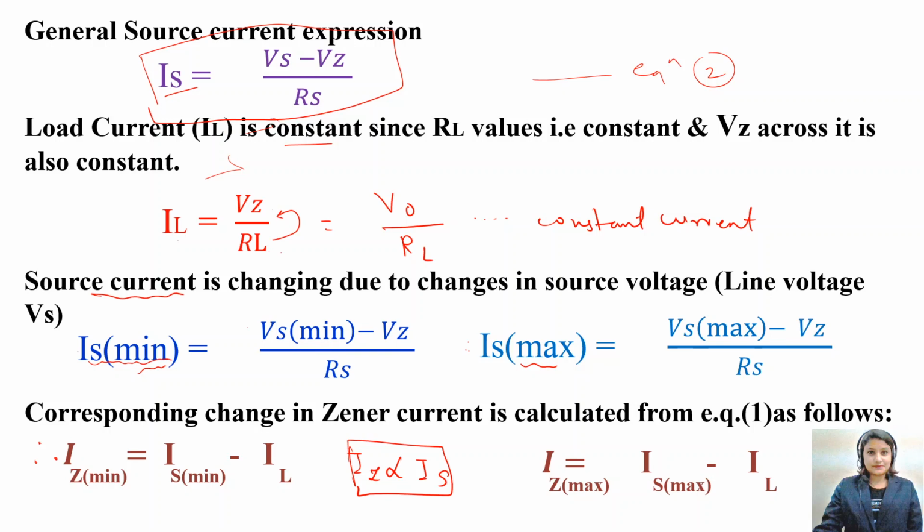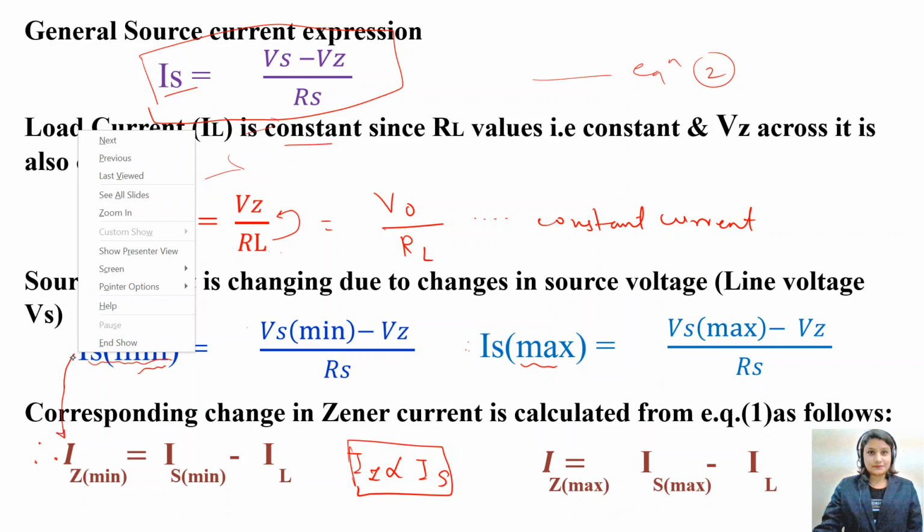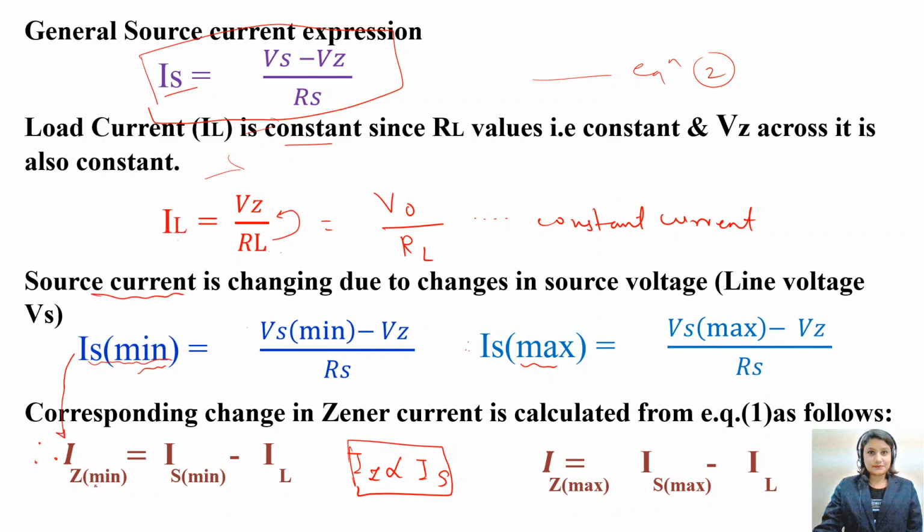So if Is is minimum, the Zener current will also be minimum, Iz min, equal to Is min minus IL. IL is constant, it won't change. Similarly, when the source current becomes maximum, the Zener current will also be maximum: Iz max equals Is max minus IL.